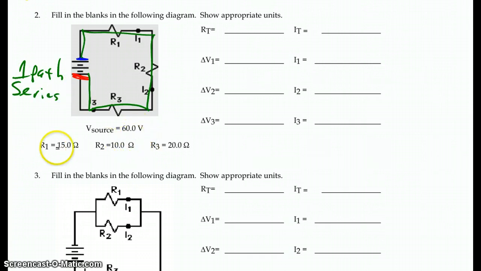Okay, in a series circuit, we just add all the resistances together to get the total. So 15 plus 10 is 25, plus 20 more is 45. And then I is equal to delta V over R, so it's going to be 60 divided by 45.